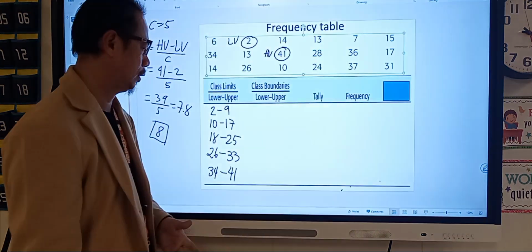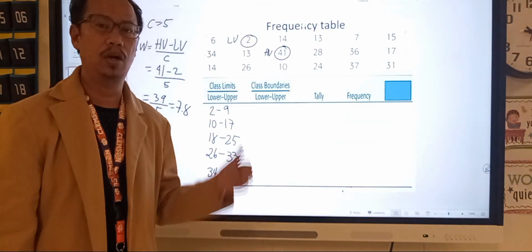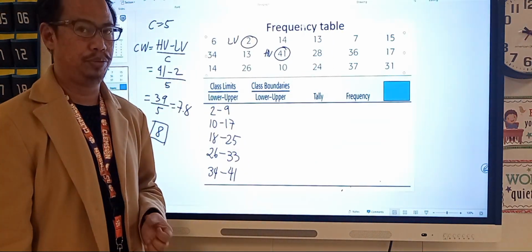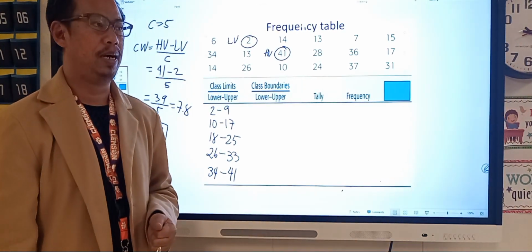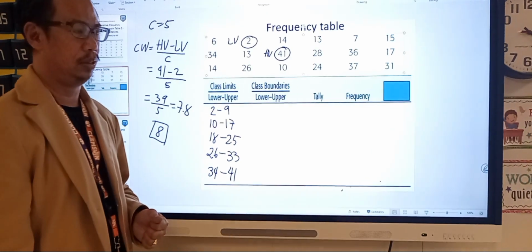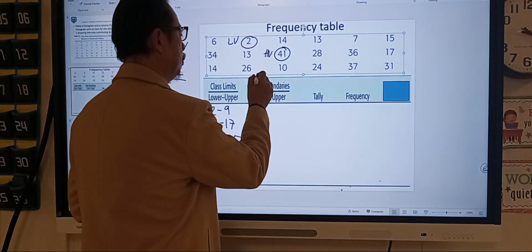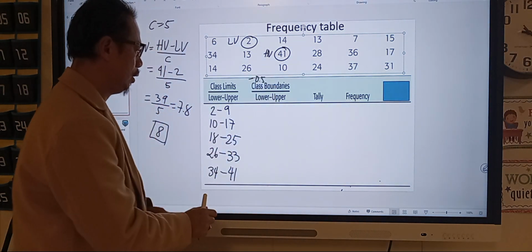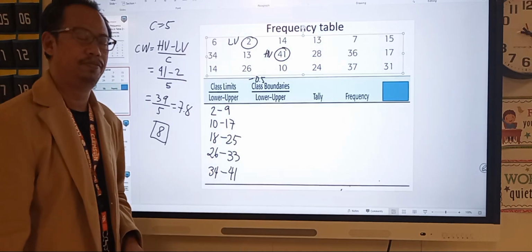So next, after having all of the class limits, the lower and the upper class limit, you get your class boundary. The class boundary will be calculated by subtracting 0.5 from the lower class limit. All of the lower class limits will be subtracted by 0.5.